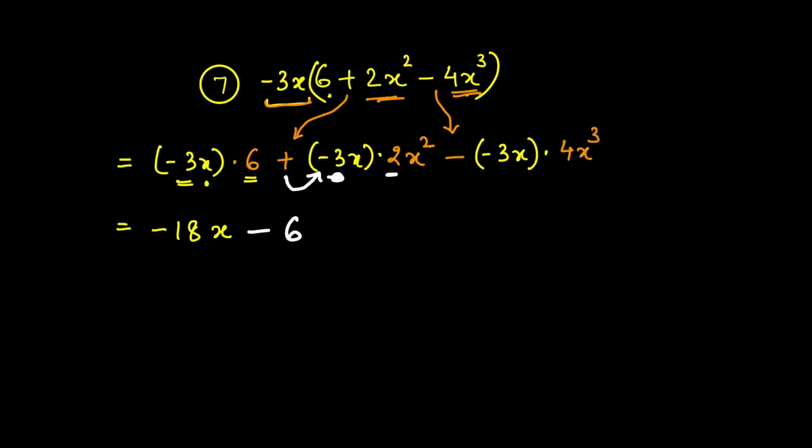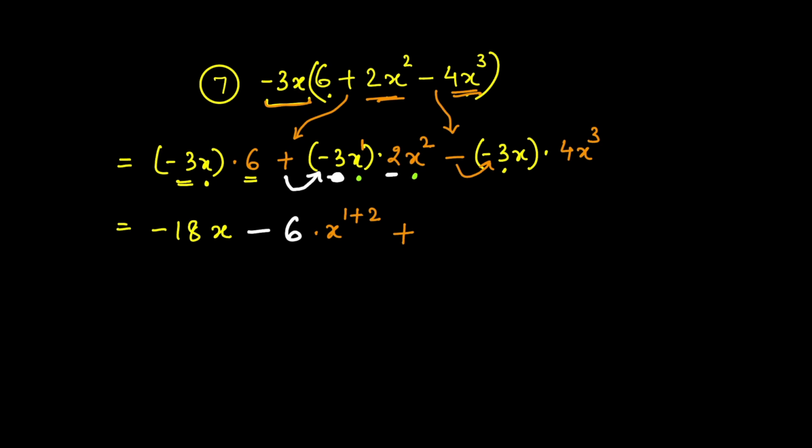Then we go to the variable, so it is x and x squared. No power is given, so we have to remember that power is 1. So when we add the powers, this 1 and 2, we get 3. So we write x to the power 1 plus 2.